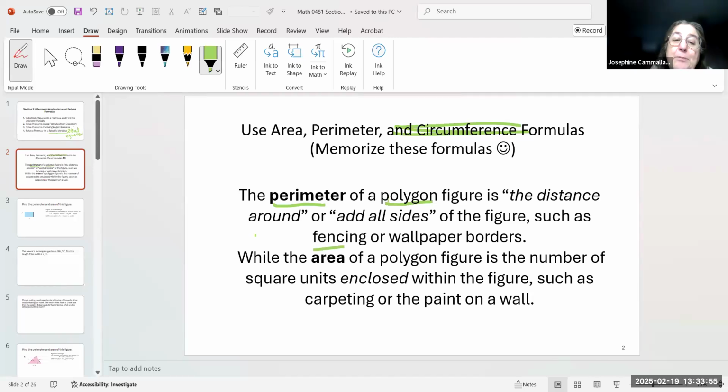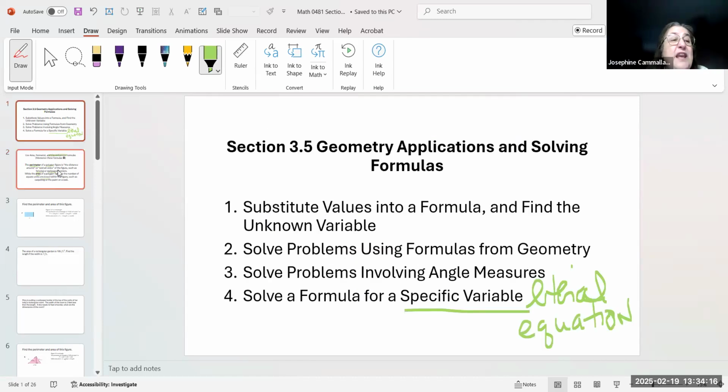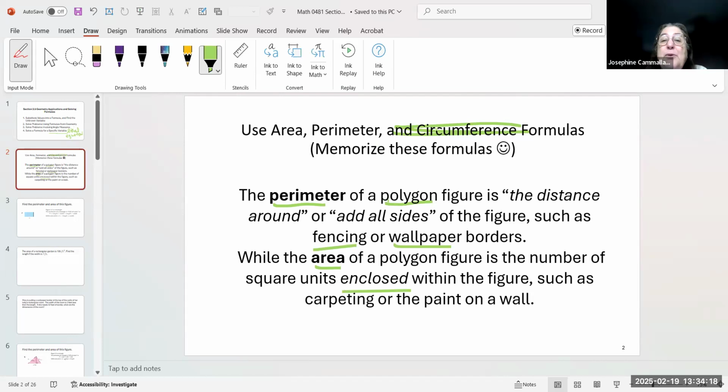An example would be putting fencing around my yard, or putting wallpaper border around my bedroom or a living room. Now, we're also going to talk about area, which is the enclosed space within, in this particular case, a figure.